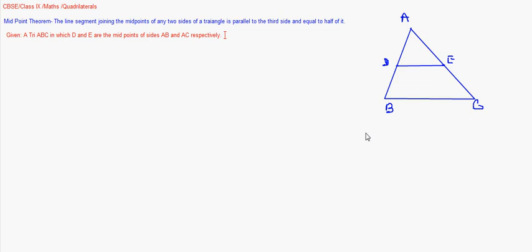We have joined D and E, and we have to prove that DE is parallel to BC. We also have to prove DE to be half of BC.